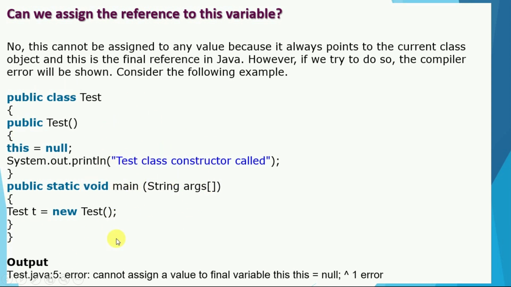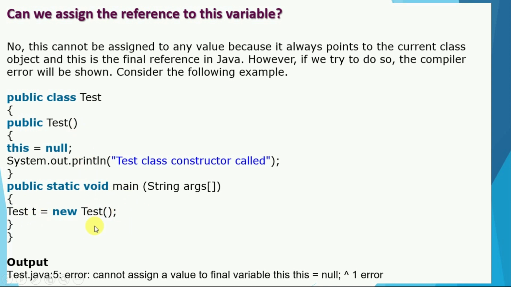So let's discuss this example. We have a class named Test with a constructor named Test, and inside it we assign this equal to null, and the print statement is "Test class constructor called". Inside the main method, we create an object and call this Test constructor.